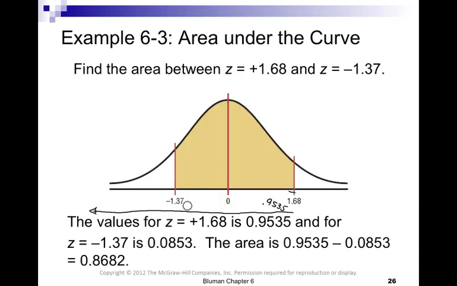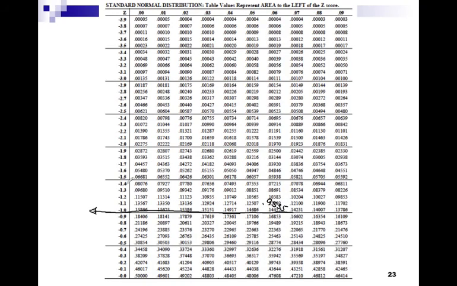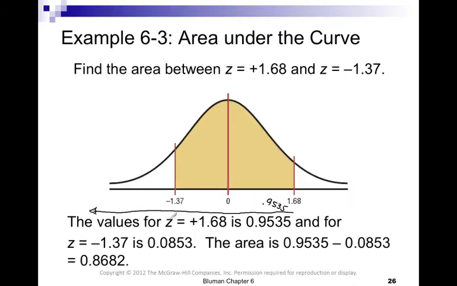There we go. Is 0.0853. Was that what I got? Let me go back. Negative 1.37. Yeah, 0.0853. Okay, just wanted to verify.